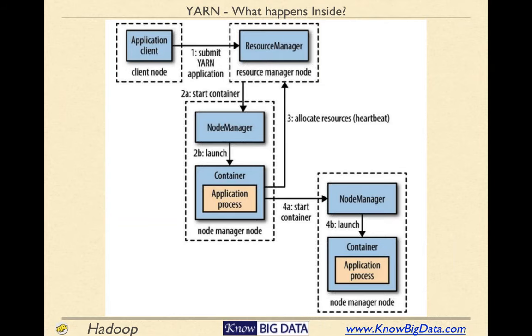The application master registers back to the resource manager, hey, I'm up, and then starts focusing on the actual work at this point. And what does actual work mean? Actual work means node managers and containers. More containers will be created for each application master, and that's how it goes on.